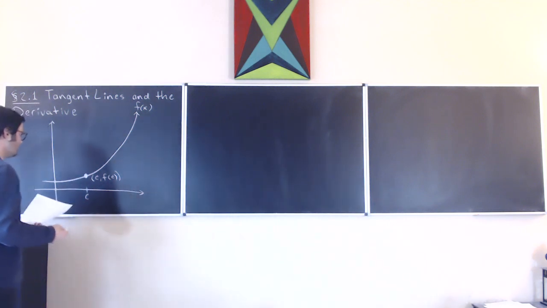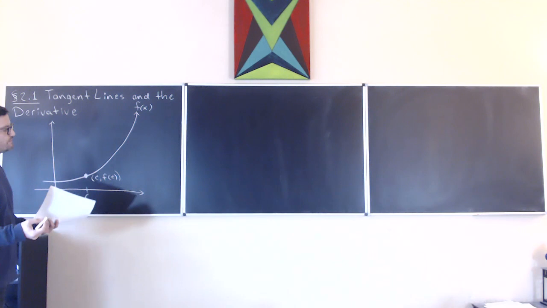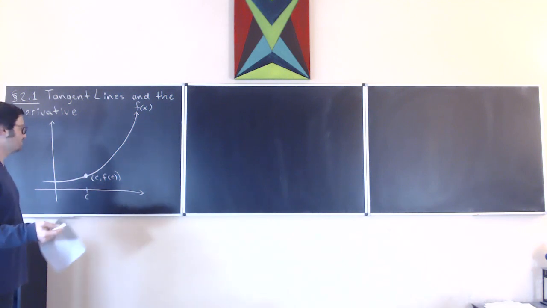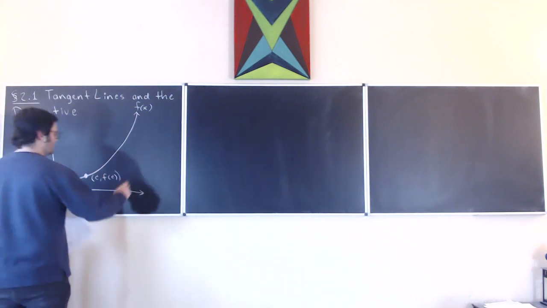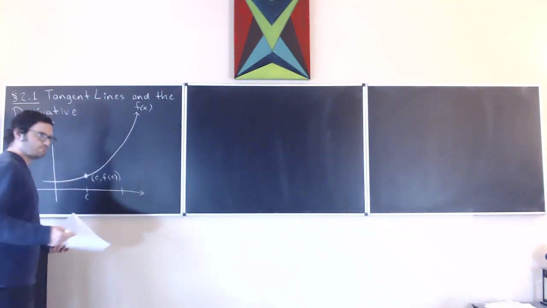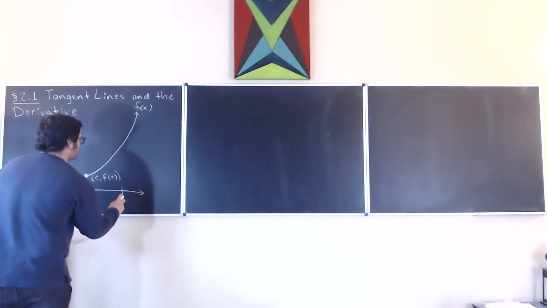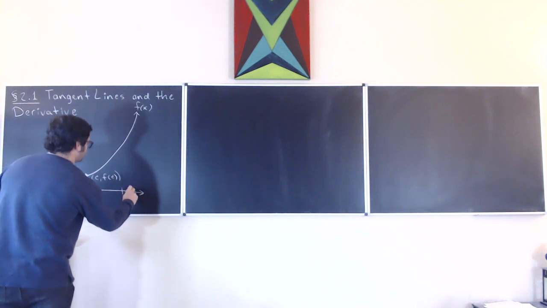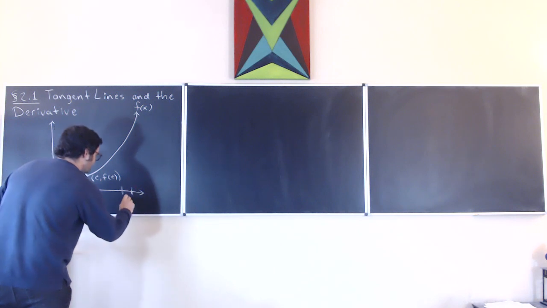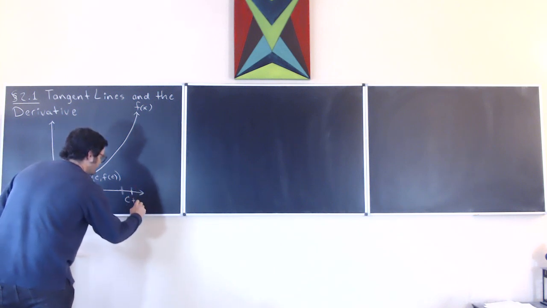And then if we introduce this notation of delta x is just some positive number, we can have another point, maybe I'll do it over here. So here, I'll say this is c plus some number, which I'm calling delta x.